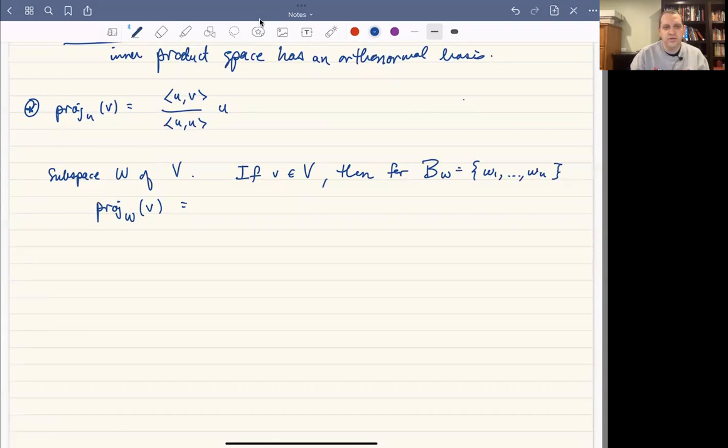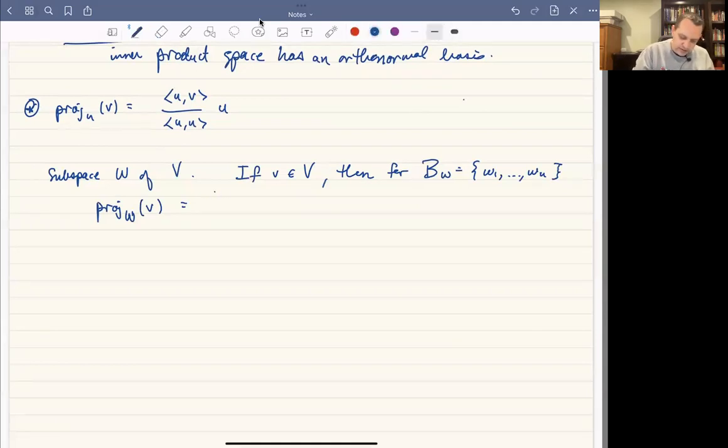Then you can define the projection of v onto the subspace W in the following way. You're going to add up the projection of v onto each of the basis vectors. Let me write it out in two different ways.